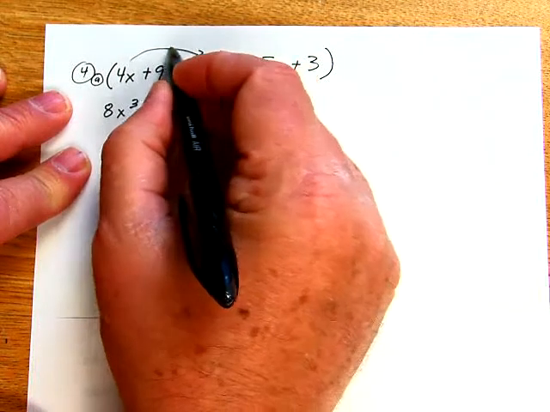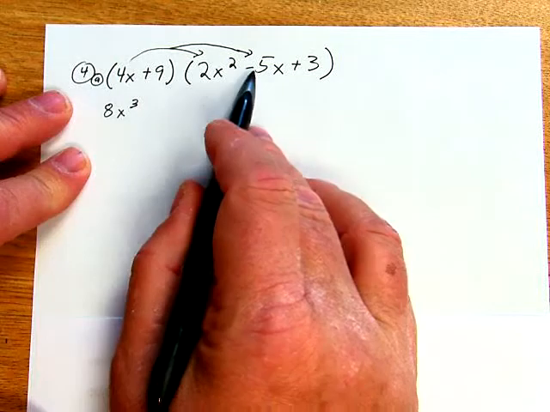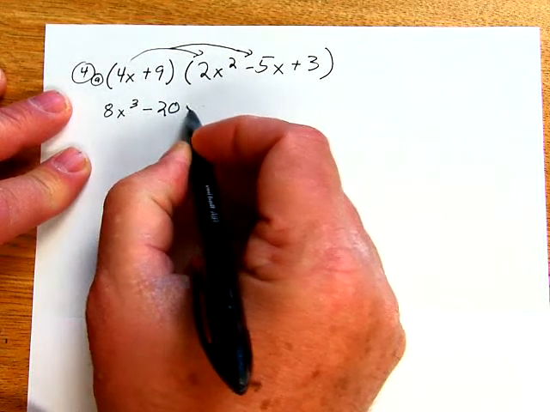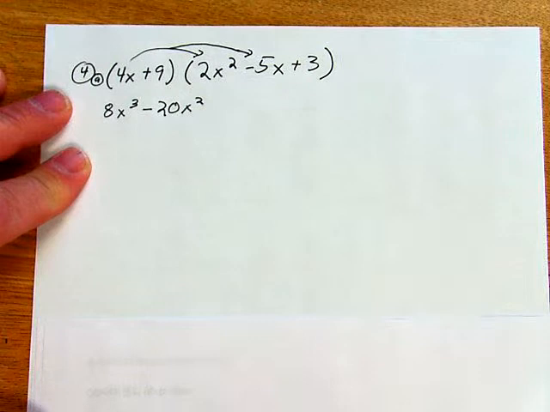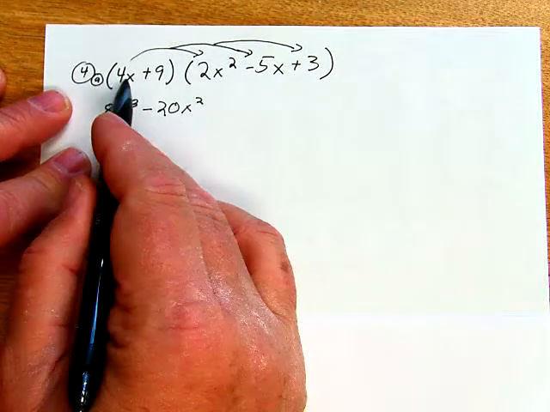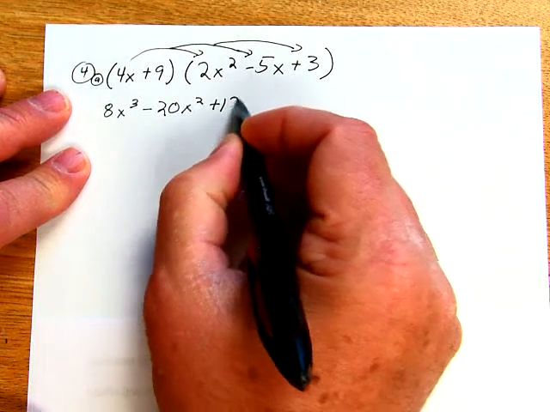Then I continue that arrow on to the next one. 4x times negative 5x gives me negative 20x squared. And finally, continuing that to the last term, I get 4x times 3 is positive 12x.